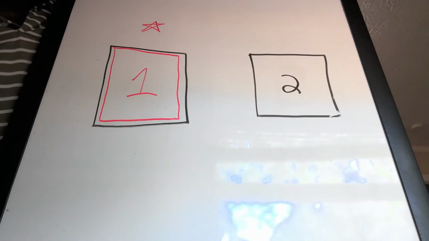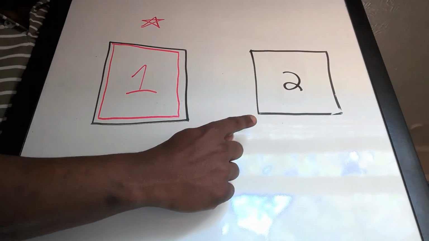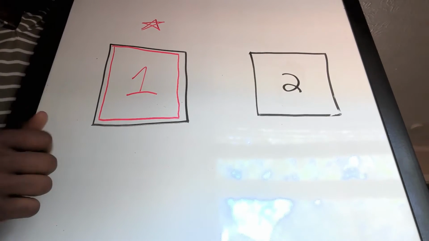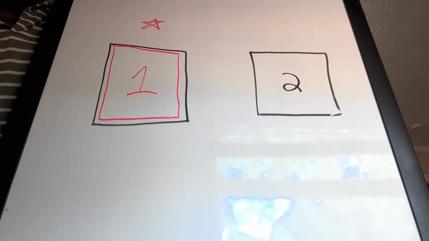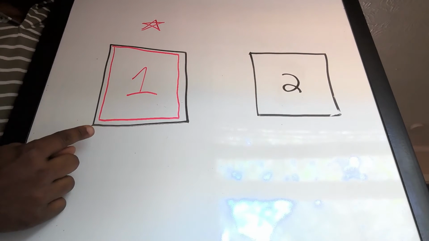As opposed to the number 2, there is only a black outline, and it is also the incorrect answer. By having a red number 1, a red outline, and a red star, these are all cues to the learner that this is the correct answer.